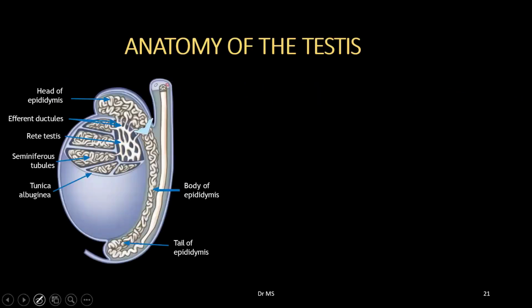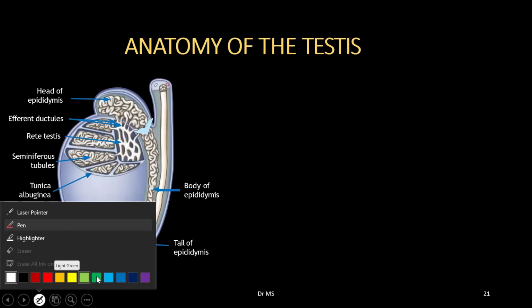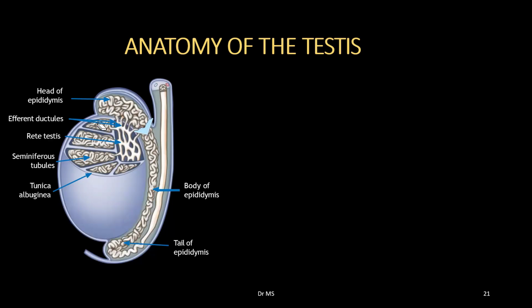So far we saw the external features. Let's see the anatomy. First of all, these testes are divided into multiple compartments. You can see this is one lobe, this is another lobe, another lobe. Each testis is divided into multiple chambers, which we call testicular lobules.